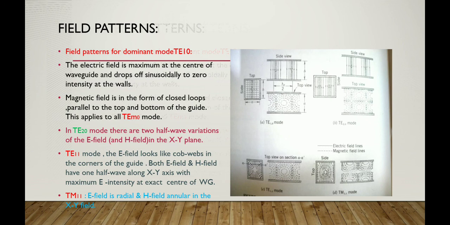Both electric and magnetic field have one half wave along the XY axis and maximum electric intensity at the exact center of the waveguide. Then in the right hand side bottom corner, see the TM11 mode. Electric field is radial and H field is annular in the XY plane.